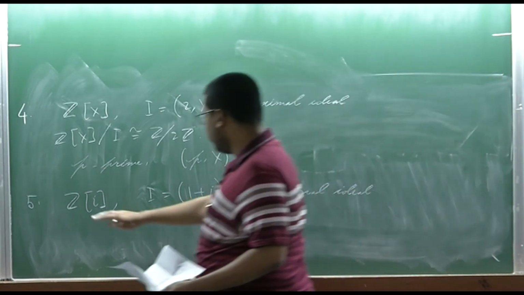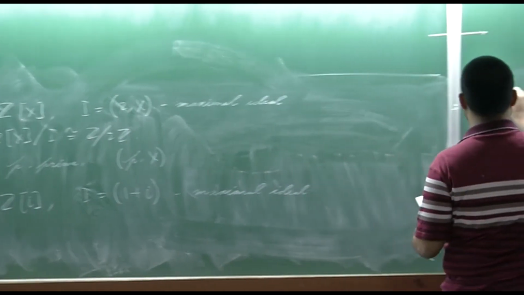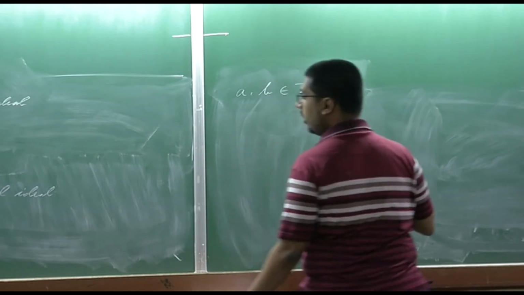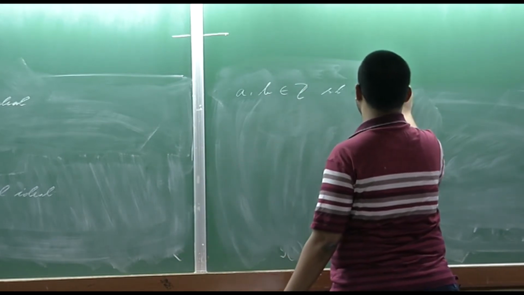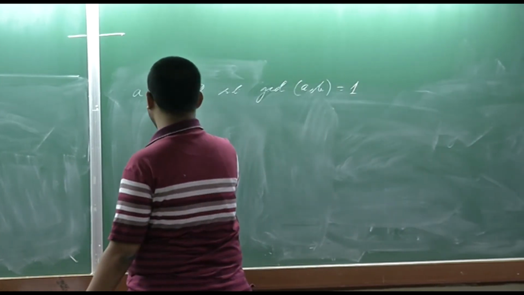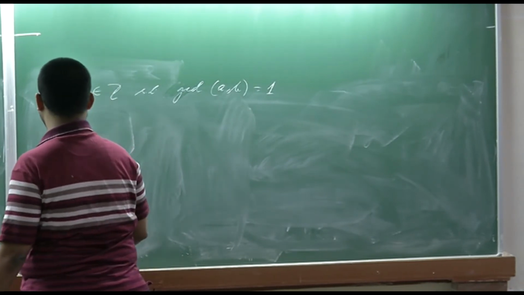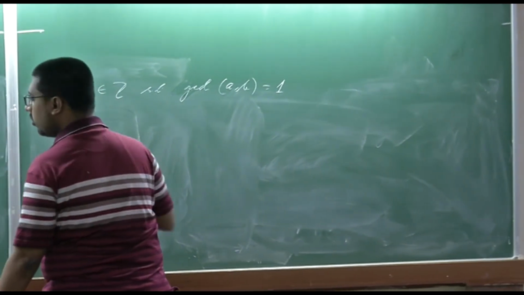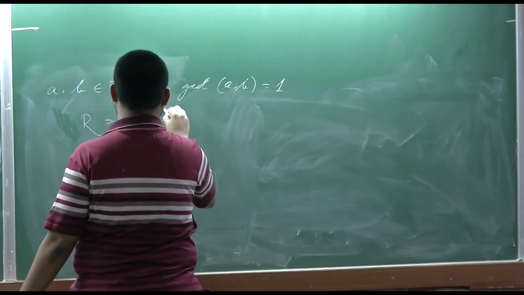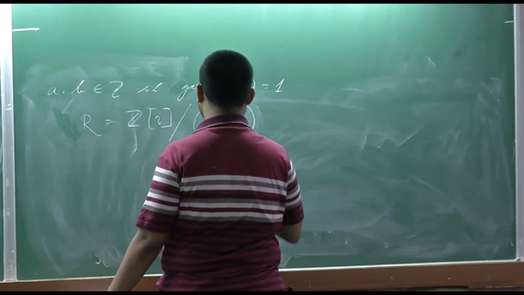So, suppose this is my ring and let me consider a and b two integers such that GCD of a and b is 1. Okay. Then I would like to know what happens to this quotient, Z[i] modulo the ideal generated by a plus bi.